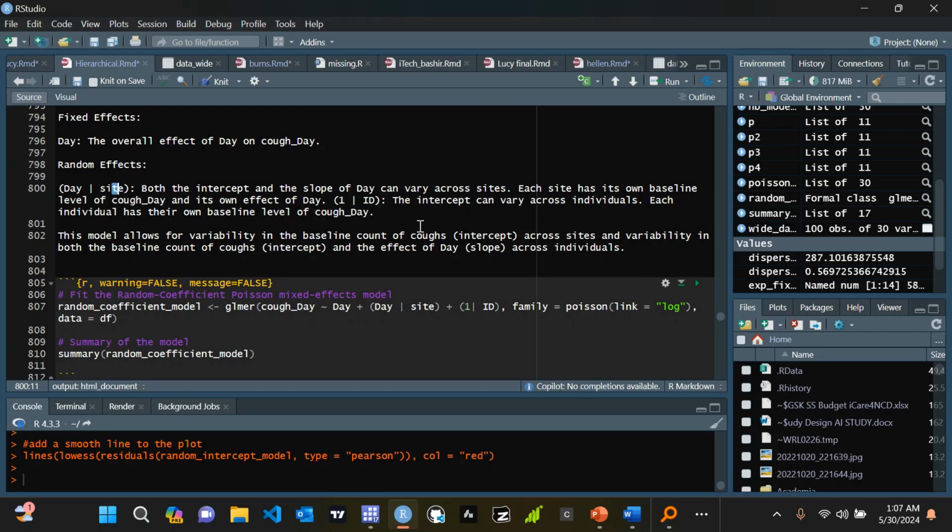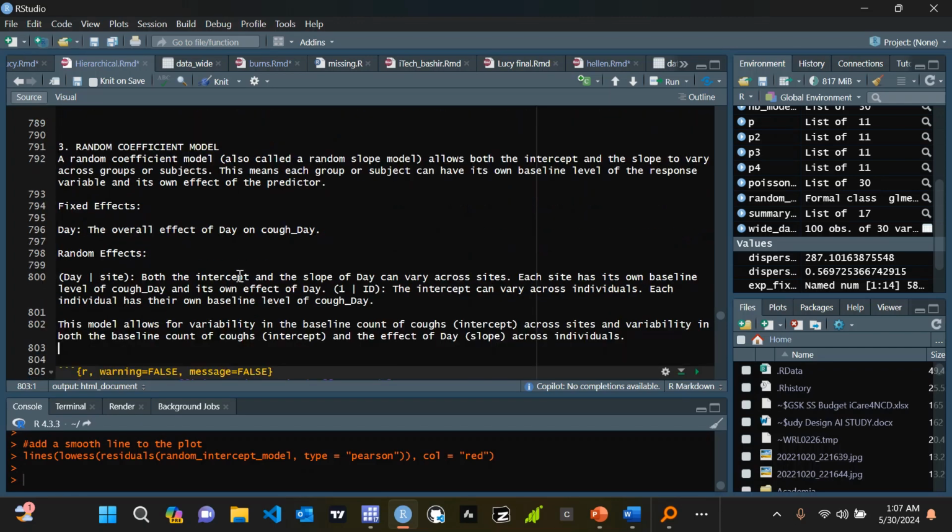This is where we have the problem. This model allows for variability in baseline cough counts across sites and variability within both baseline cough counts and effect of day across individuals. So this is the model here.